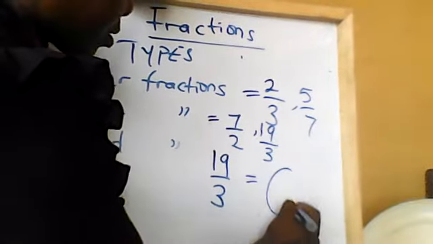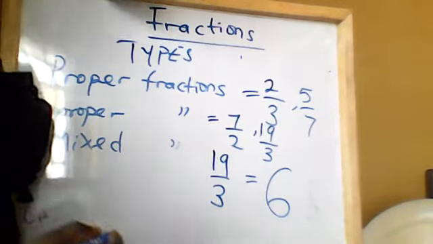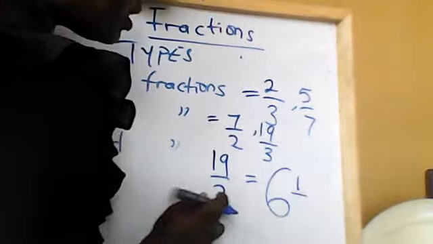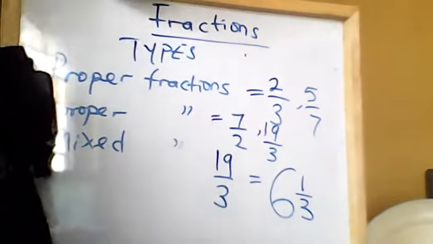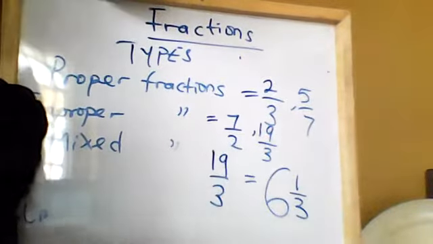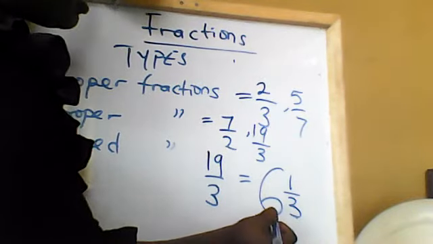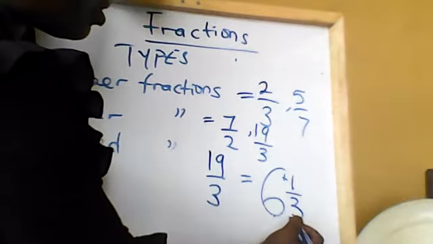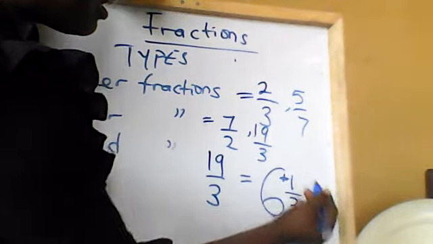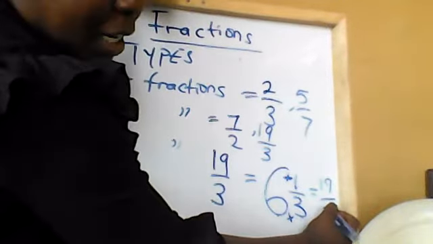So 3 will divide 19 6 times with a remainder of 1 over the divisor, which is 3. If we were to convert this mixed fraction back, we multiply this by this and add this. So this times this plus this gives us the numerator, 19 over 3.